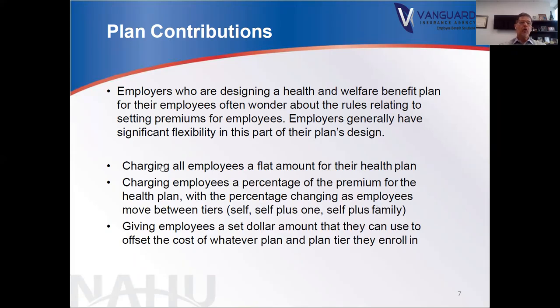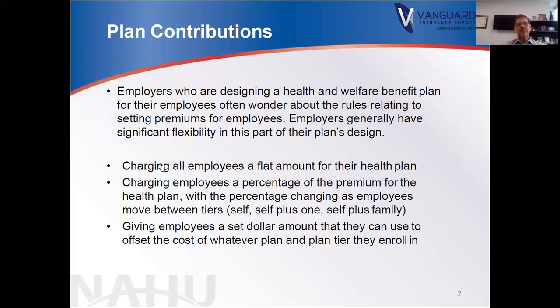And then we talked about using a set dollar amount that they can offset against whatever plan and whatever tier they choose, but sometimes employers will give them a flat dollar amount, and then if they pick a plan that falls below that flat dollar amount, they can use the remainder for other coverages like dental and vision. We're working on one right now where the employer pays just about $8,000 a year towards employee coverage, and they offer several voluntary benefits: dental and vision and life and disability.